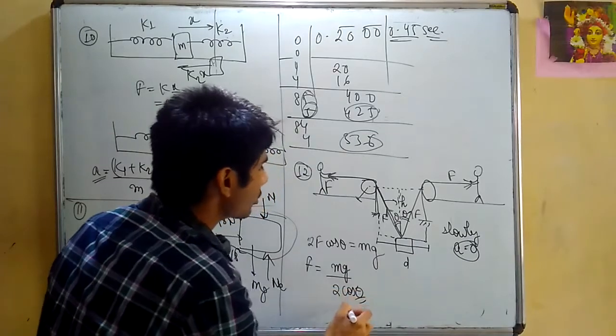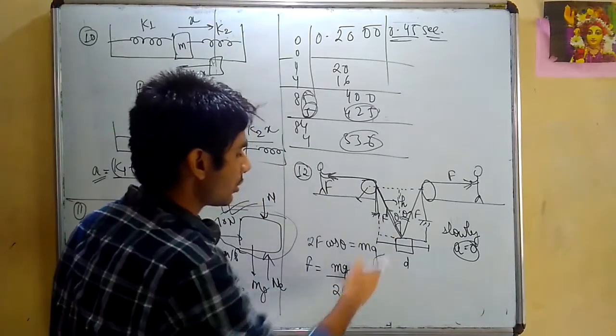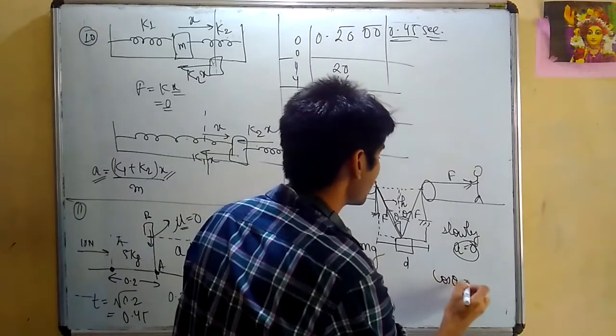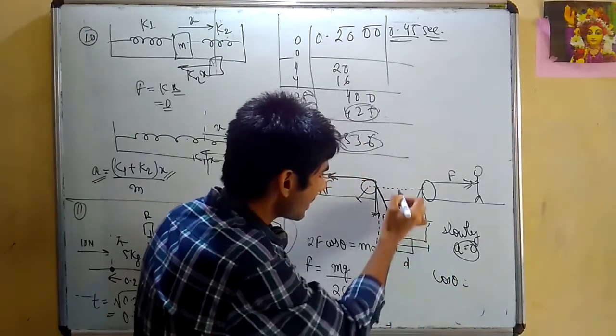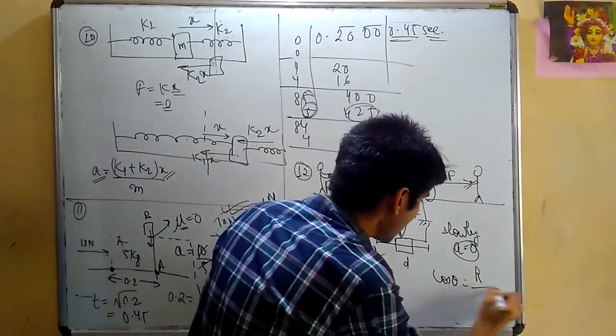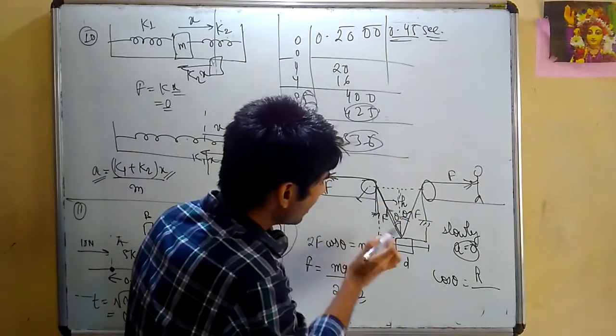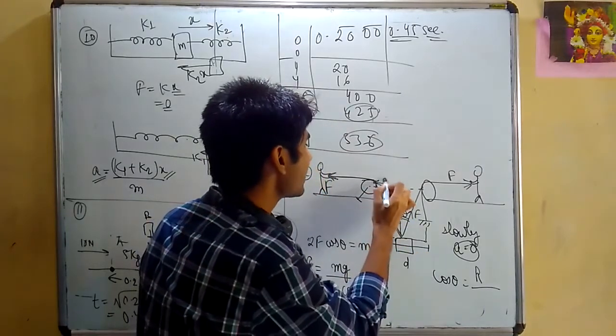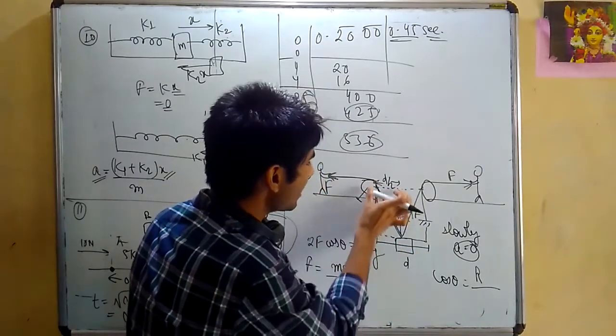Now the only problem is cos theta is not known to me. Theta is not known to me, so I cannot write the answer like this. I have to change cos theta. What is cos theta if you carefully see? Cos theta is base by hypotenuse. Base is h, and what is hypotenuse? If you see this is d, this will be d by 2, half of this. So this length is d by 2. So this is d by 2, this is h.